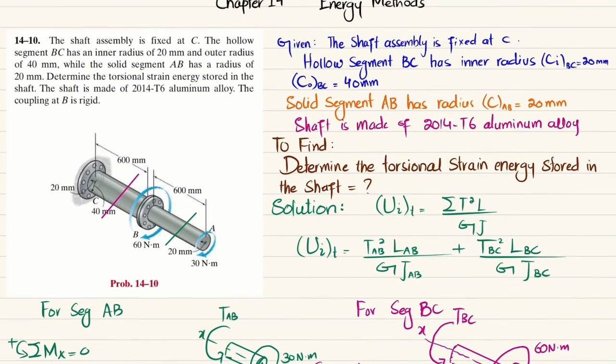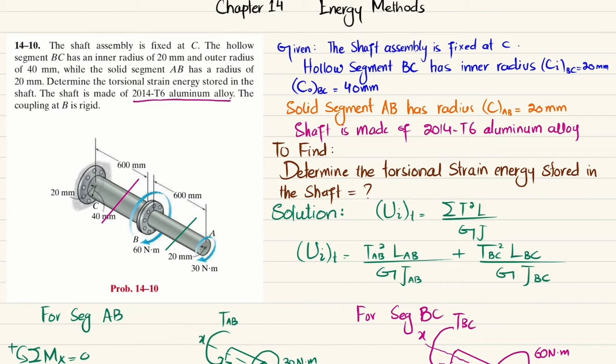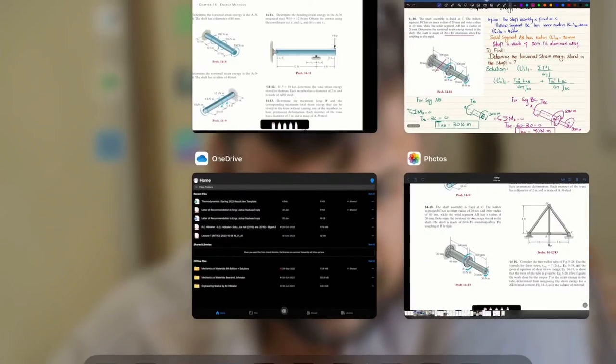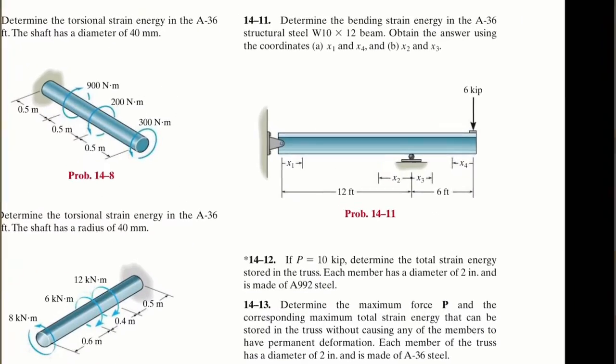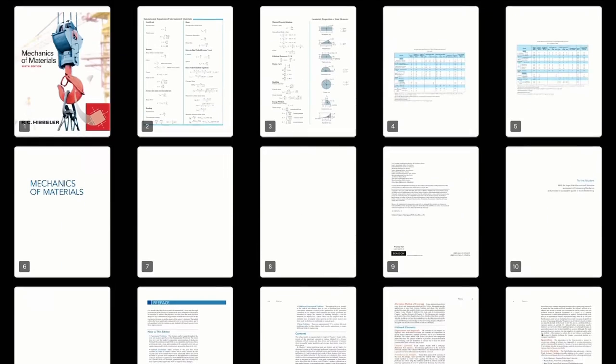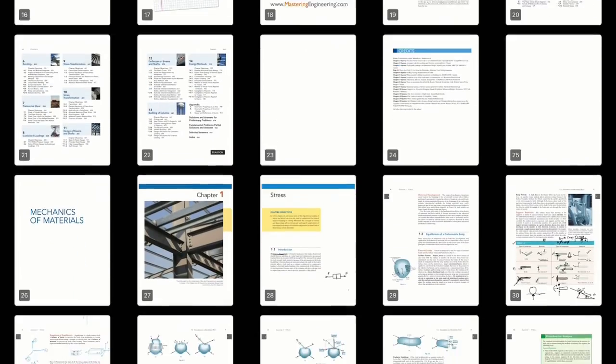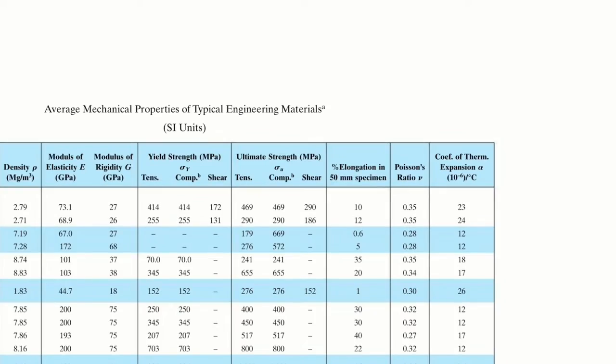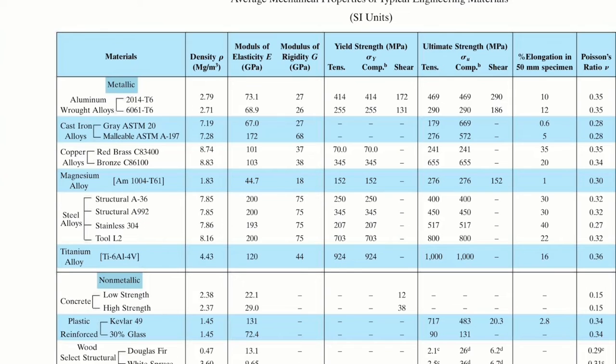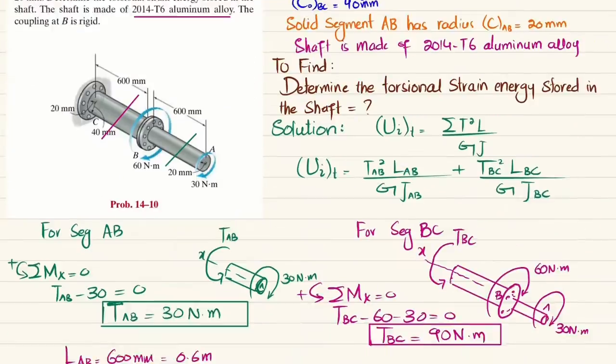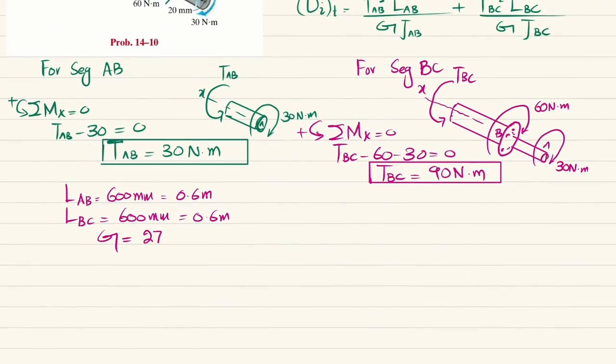For 2014 T6 aluminum alloy, you can see this is the table, and here from 2014 T6, G is 27 gigapascal. So note it down, G is 27 gigapascal, or that is equal to 27 into 10 raised to the power 9 Pascal.